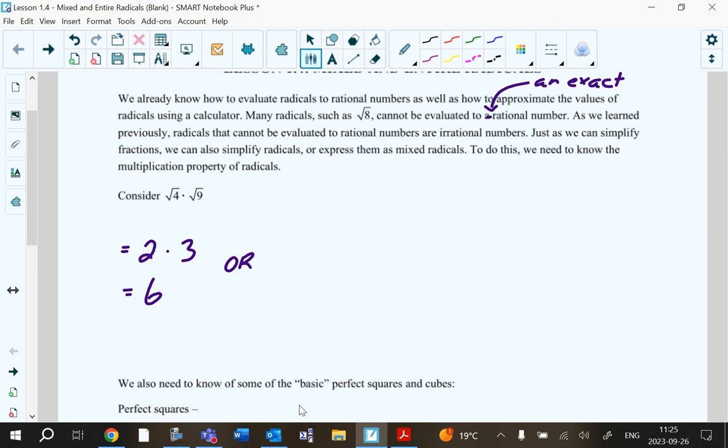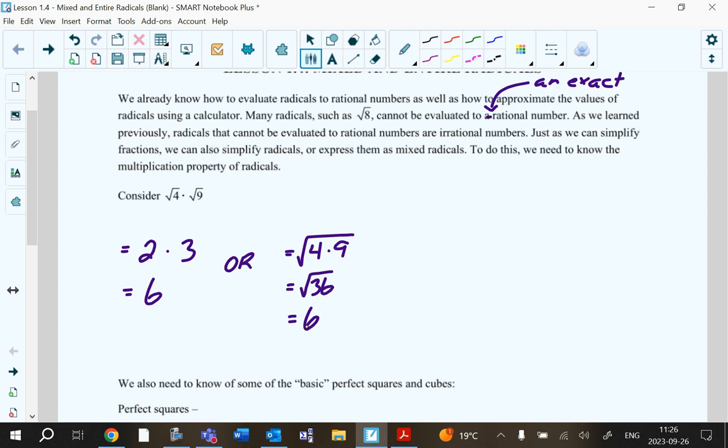When you multiply two square roots together, you can multiply the numbers underneath and put it under one radical. So the square root of 4 times the square root of 9 is the same as the square root of 4 times 9, which is the square root of 36, which is 6. Same answer.